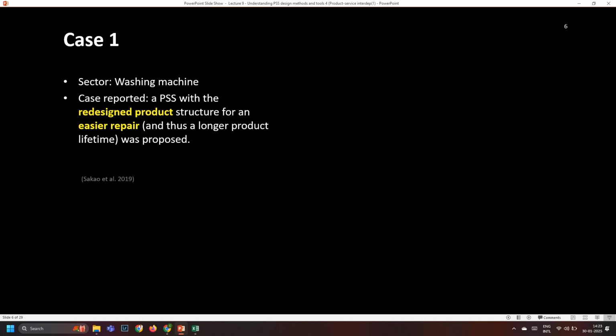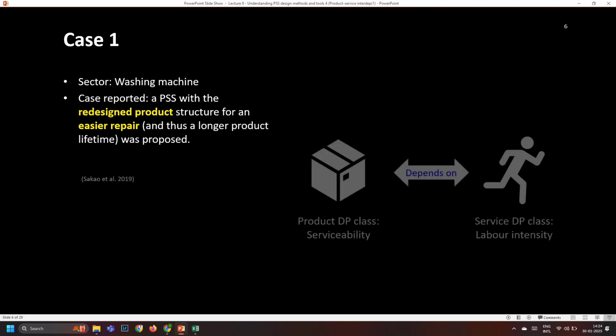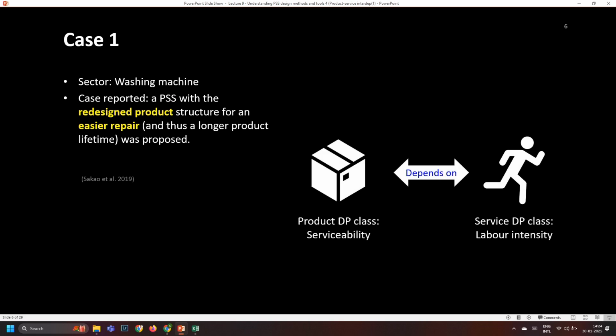According to a certain research work, a washing machine was used in the PSS context, and the washing machine was redesigned for an easier repair. So this is an example I think we have touched upon in the course so far.